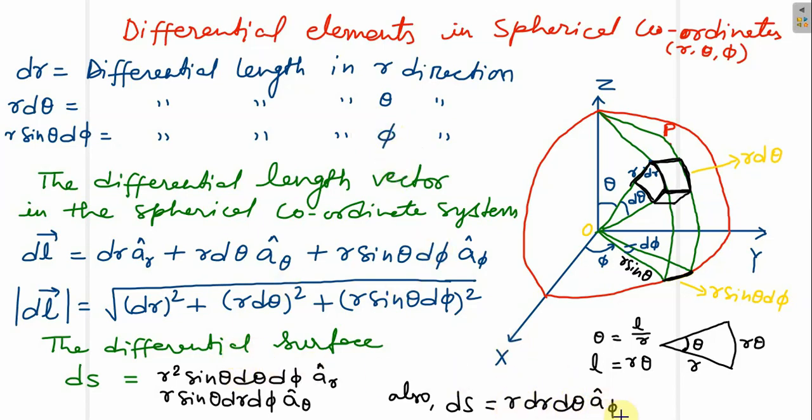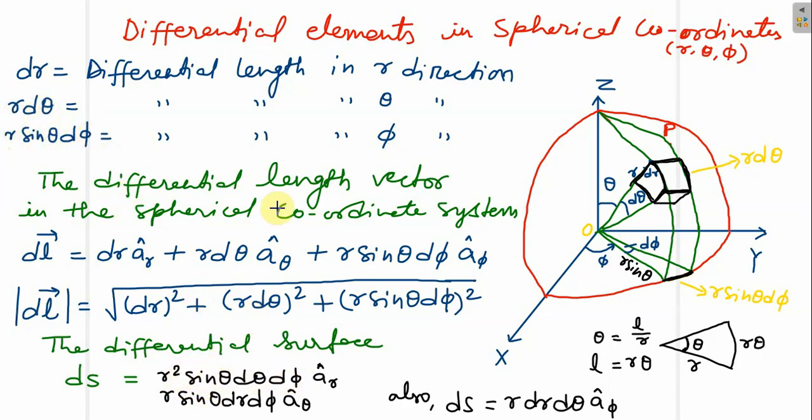Similarly, the direction depends on the normal vector to this particular plane or area, or the surface. So if I multiply r d theta into r sine theta d phi, I am multiplying the differential length components along theta direction and phi direction, and we get r square sine theta d theta d phi.